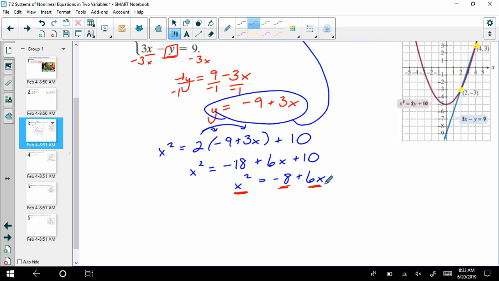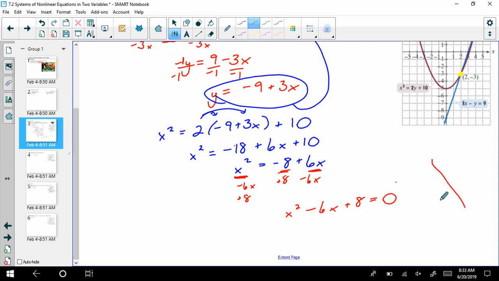I'm going to try factoring, so remember to factor, everything needs to be on one side. So I'm going to subtract the 6x over, and I'm going to add the 8 over. So I get x squared minus 6x plus 8, and I'm now equal to 0. That is what I would like to factor. Multiply to 8, add to negative 6. That would have to be a negative 2 and a negative 4.